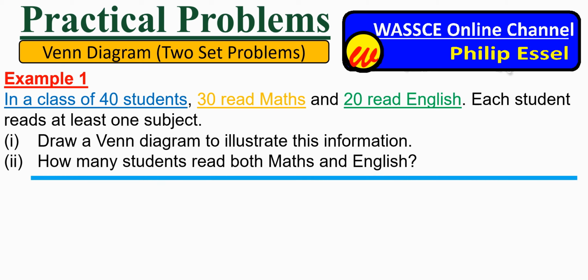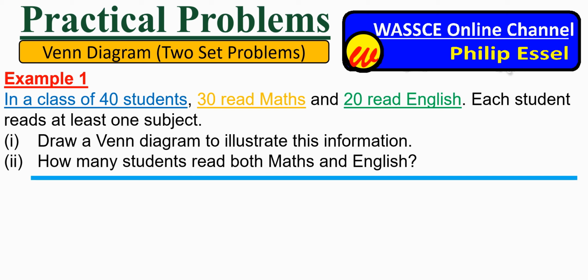Before we come out with a solution to this problem, let's try and pick up some important information from it. From the question, we are told that there are some people in the class. Some of them read mathematics and some of them read English.